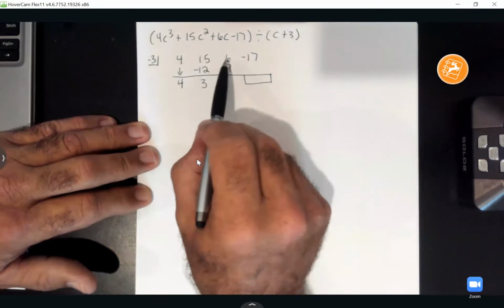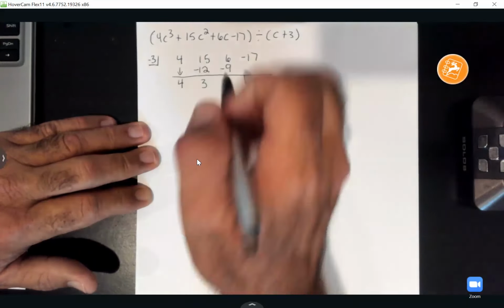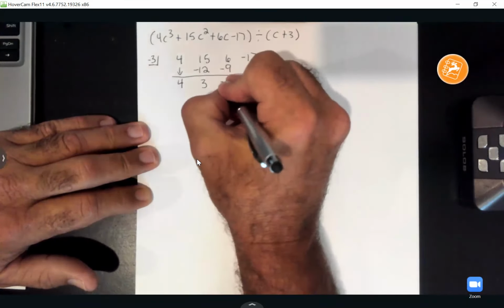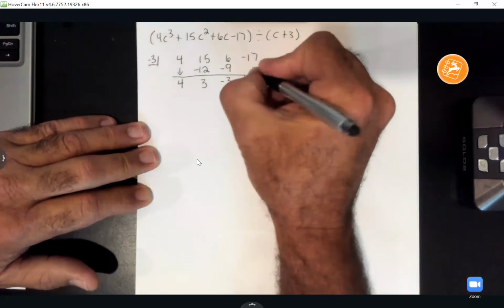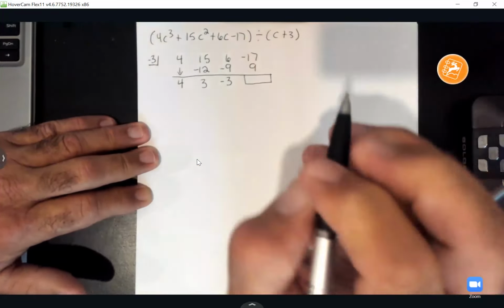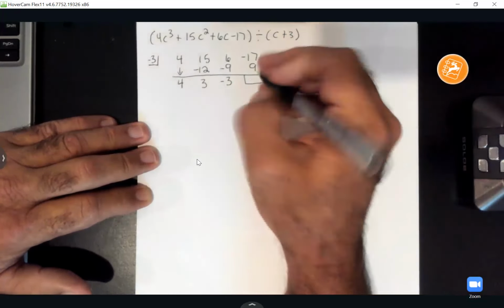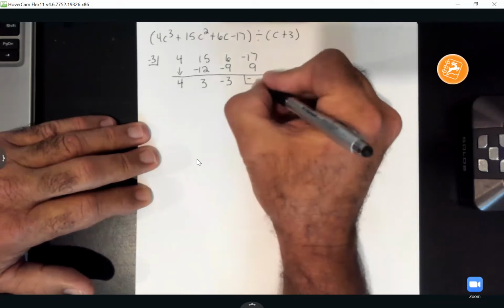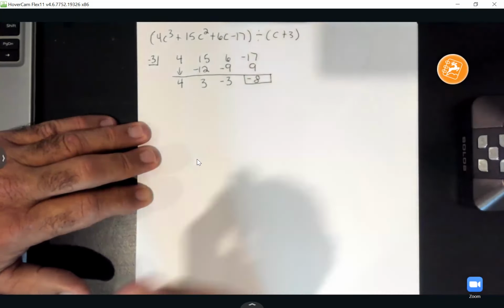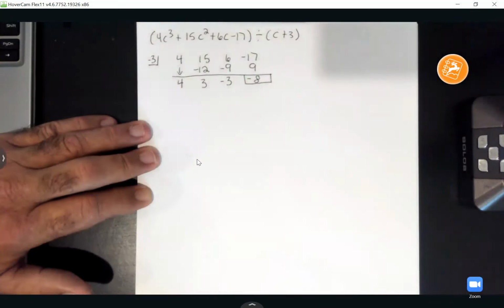All right, y'all. 6 minus 9 gives us a negative 3. And finally, that negative 3 times negative 3 is 9. And y'all, let's see. It's going to be a negative answer. So what's 17 minus 9? That's an 8. So I get a negative 8.